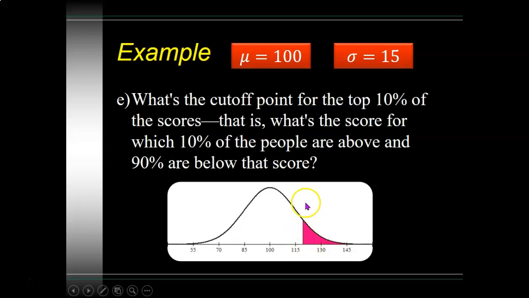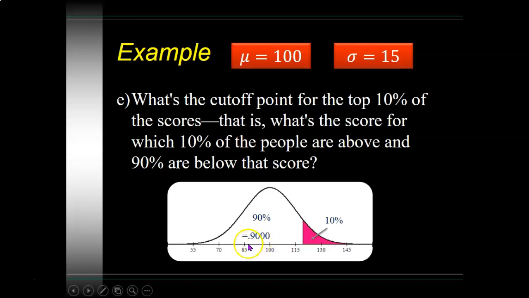So we want to know where this cutoff point is that separates off this top 10% from everybody else. The area of this shaded region should be 10%, and what we need to know is the area to the left of that cutoff point, the area over here. So if this is 10%, what's this? 90%, yeah.